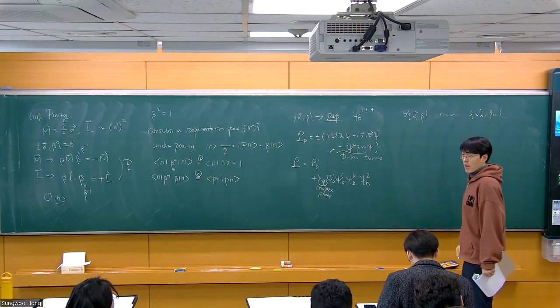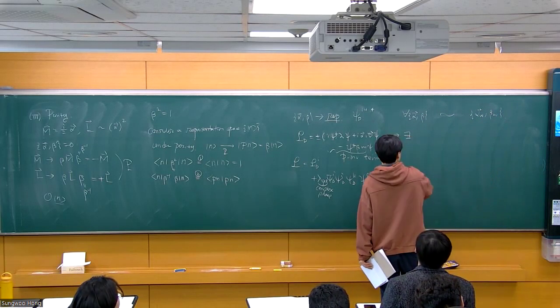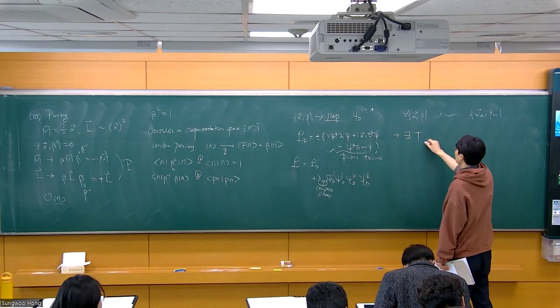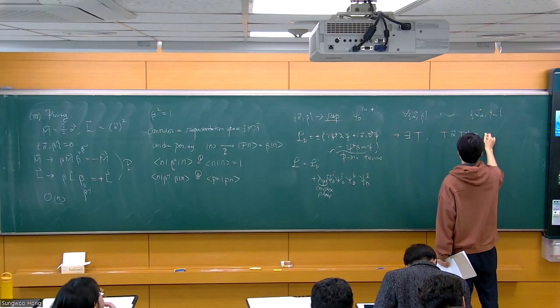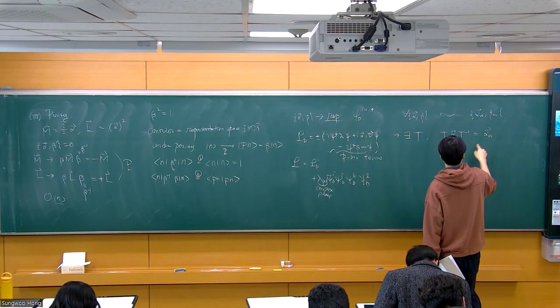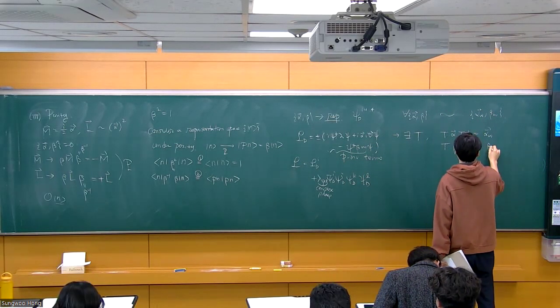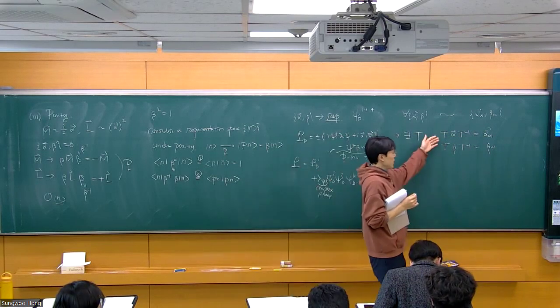Okay, so basically your job is to find, which means that there exists a certain invertible matrix in such a way that T alpha T inverse is alpha W, and T beta T inverse is beta W. So one can already show that it is possible to find such a thing.